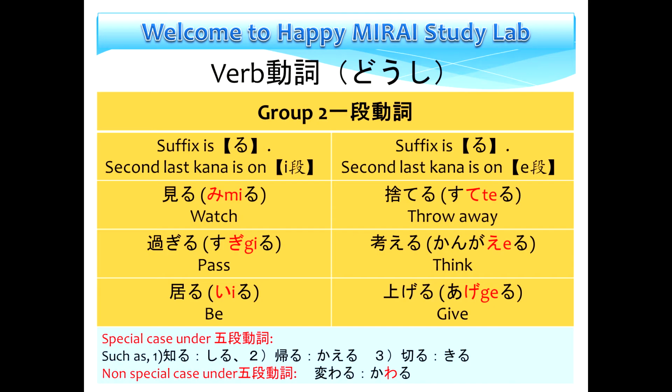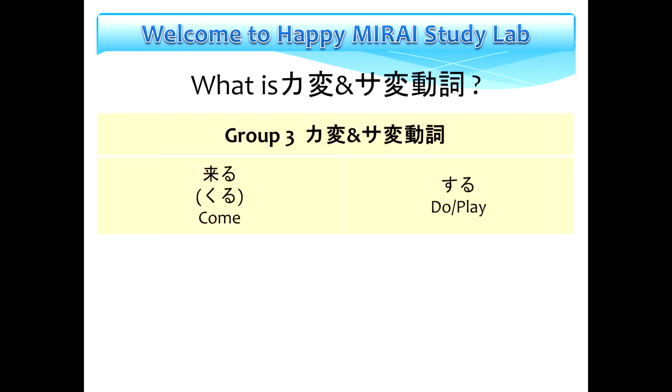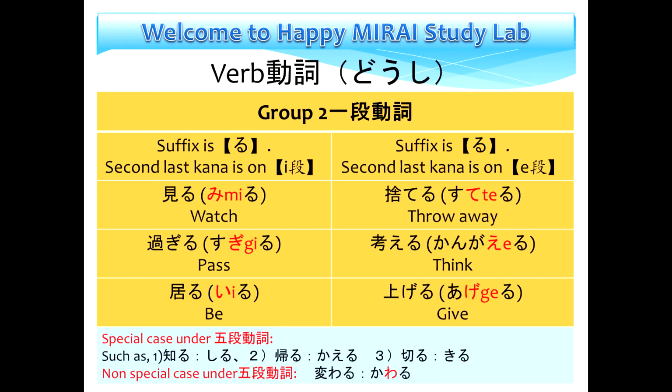Okay. All right, so just to show you how to tell whether it's godan doshi or ichidan doshi when the suffix ends on ru. Sorry. For example, this is the non-special case, which is a godan doshi, kawaru. The suffix is ru, so is it a godan doshi or ichidan doshi?